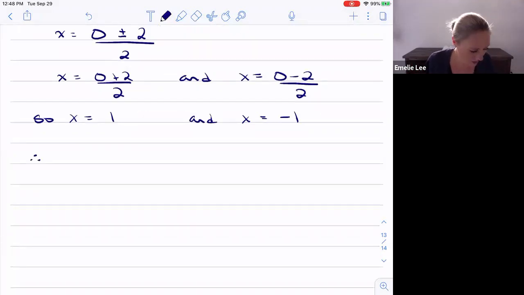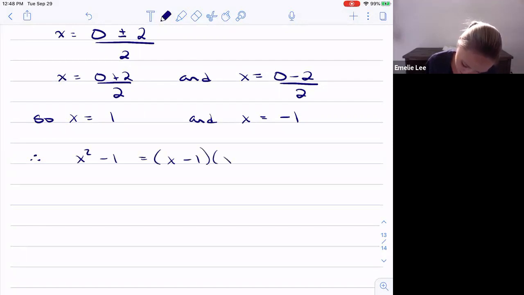Therefore, the factored version of x squared minus 1 is going to be x minus 1 times x plus 1, which is what you would have gotten if you used those special factoring formulas.